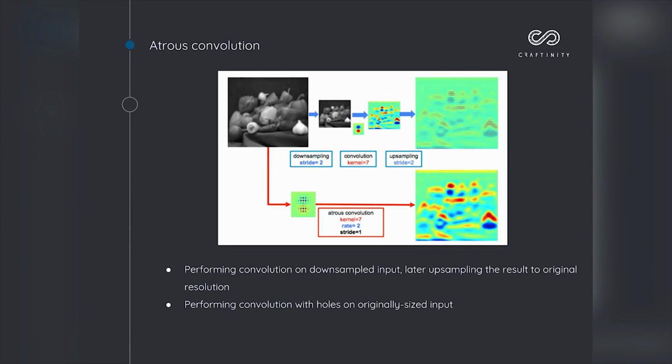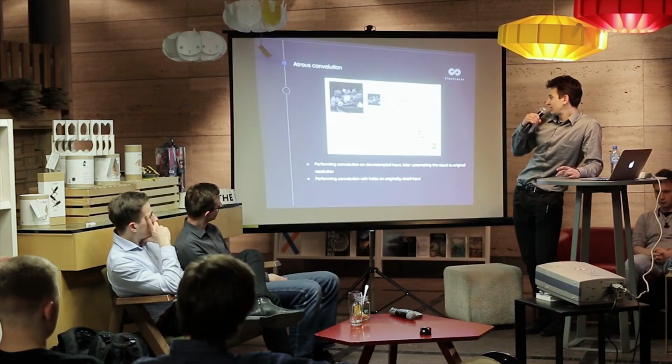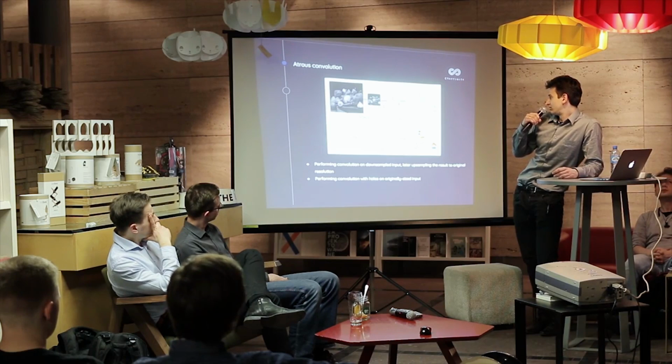Okay, and the benefits of it are nicely illustrated in the paper published by DeepLab. So in the top row, at first we downsample the input by 2, and later perform some convolution with some given kernel.